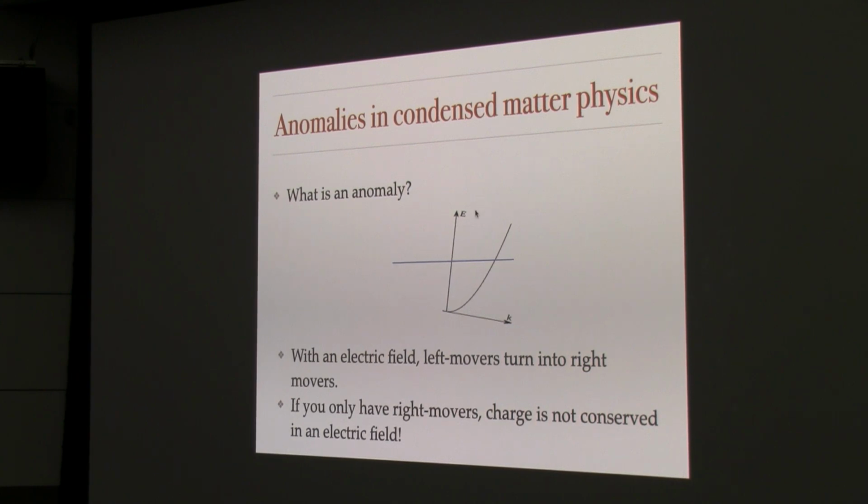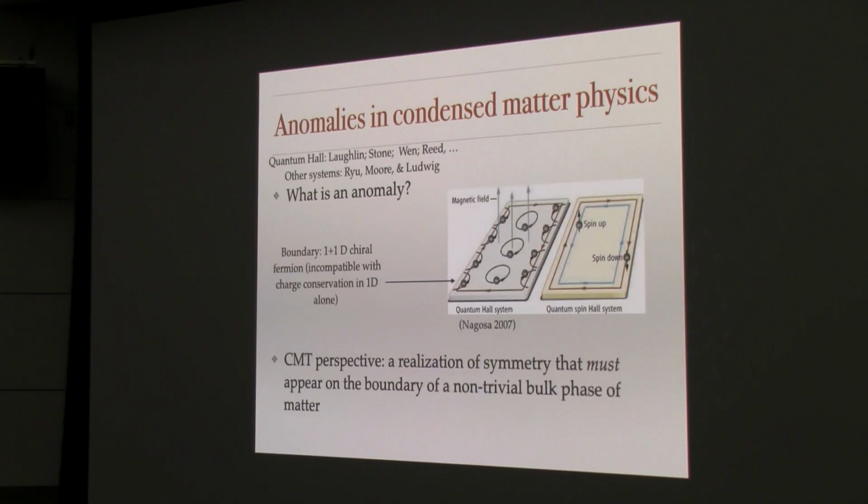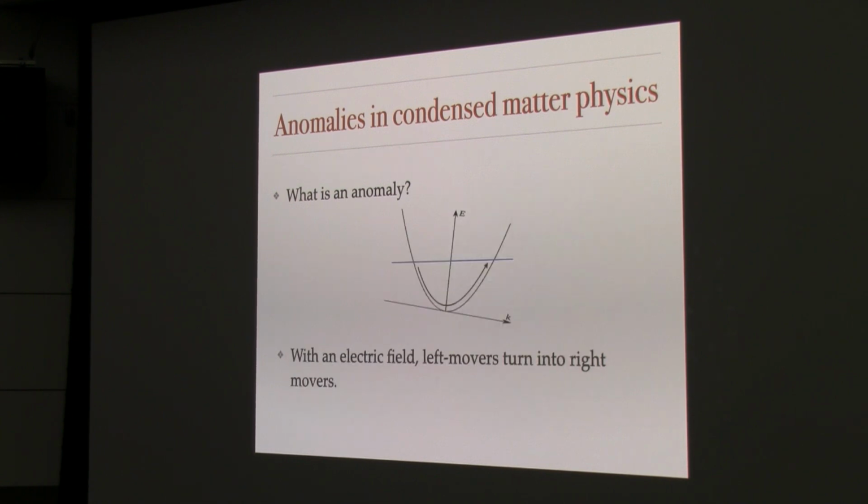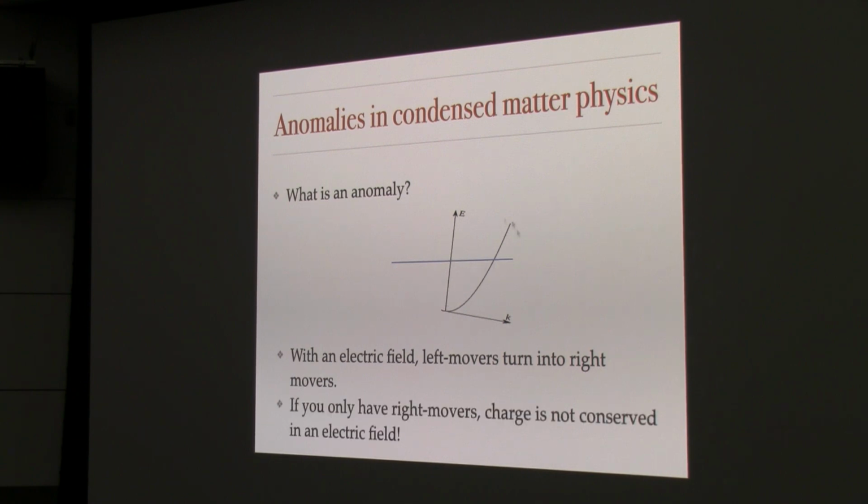And so, depending on how fundamental you view charge conservation, in particular whether you want to gauge it or not, you might view this as acceptable or not. But in condensed matter, this has a very beautiful physical manifestation. You can ask, this conservation of right versus left, maybe we're not so interested in, but this conservation of charge we're very interested in.